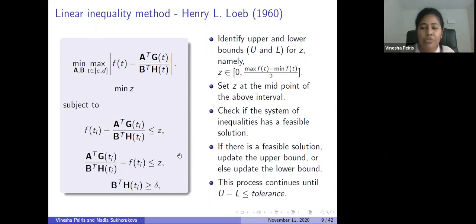And then according to the feasibility, they update the upper and lower bounds. At that time, they probably did not realize that the objective function of this generalized rational approximation problem defines a quasi-convex function. But now it is very clear, so there is no surprise that this method works very well.